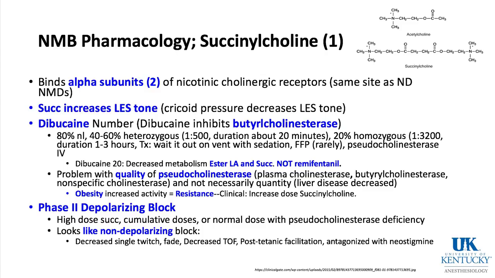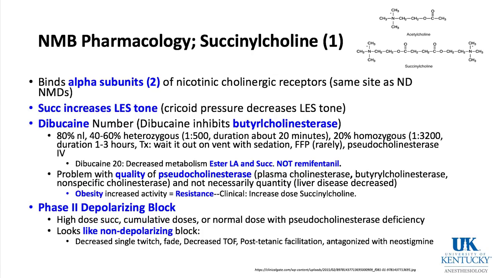Dibucaine, an amide local anesthetic, two I's in the name, inhibits butyrylcholinesterase, which is another name for pseudocholinesterase, normally 80%. If it only inhibits the pseudocholinesterase 40 to 60%, that's a heterozygous genetic variant, which is about 1 in 500 people, and you'll get a little bit longer prolongation of Sux's effect, up to about 20 minutes.